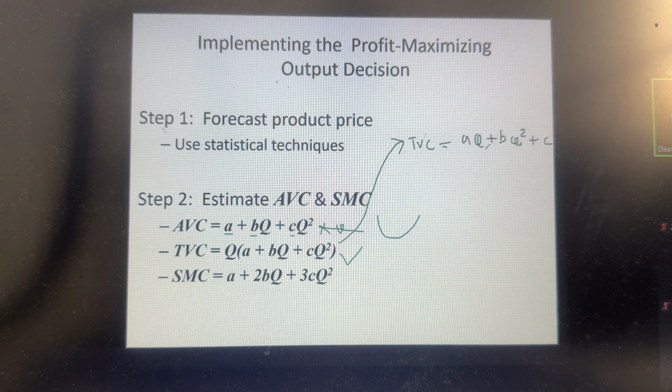After multiplying AVC by Q, you get TVC. MC is the first derivative of TVC, dTVC over dQ.